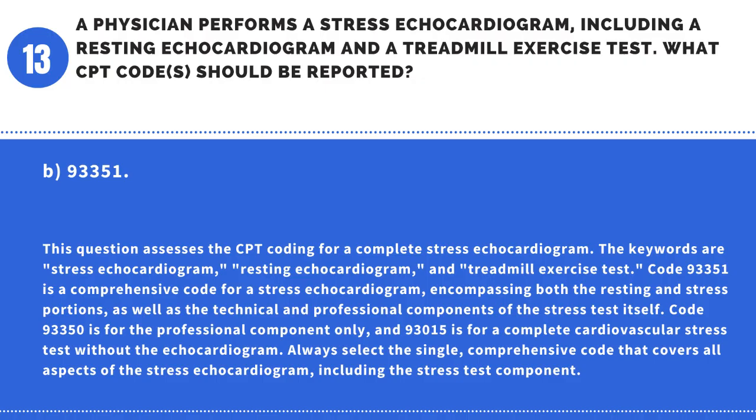Code 93350 is for the professional component only, and 93015 is for a complete cardiovascular stress test without the echocardiogram. Always select the single, comprehensive code that covers all aspects of the stress echocardiogram, including the stress test component.